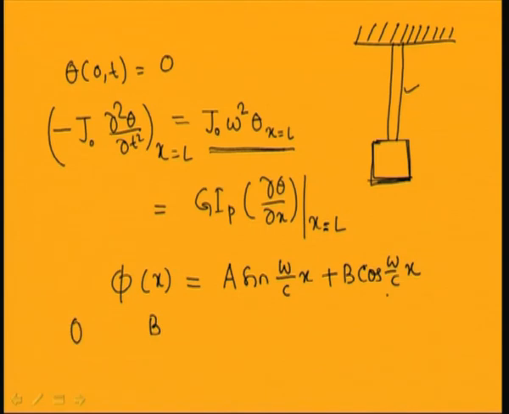So theta equal to 0 implies phi 0 equal to 0, which implies B equal to 0. Now as B equal to 0, we are left with phi x equal to A sin omega by c x.